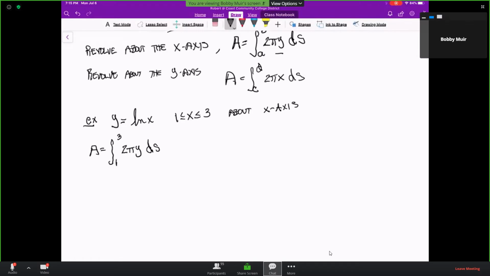Okay, now if we do a dx integral, number 1, we'll do a dx integral. Okay, so now the area, the integral from 1 up to 3, 2 pi times the natural log of x, 2 pi y, and then the square root of 1 plus that derivative squared dx.